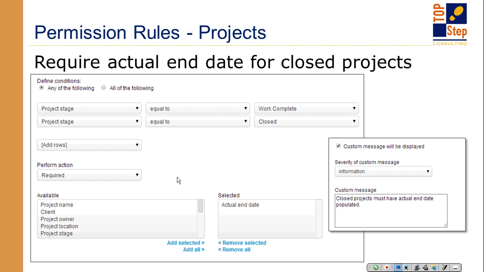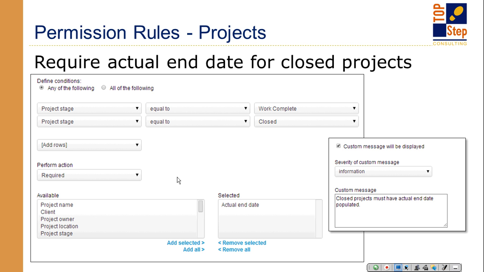All right, so this is that example that I mentioned a minute ago. No, I'm sorry, we're going to get to that in a minute. So require an actual end date for closed projects. Before, I said if we wanted to prevent the end date from being in the future, we couldn't do that, but here's what we can do: say if the project stage is closed or complete, or however you define your project stages, then require this custom field called actual end date.